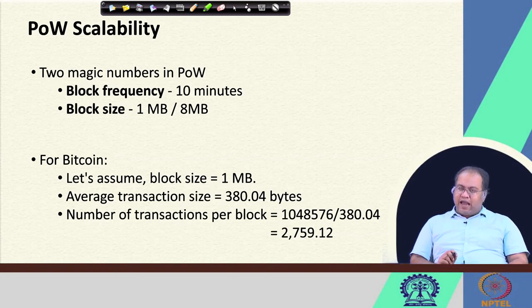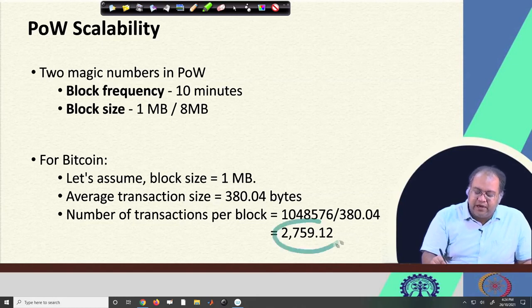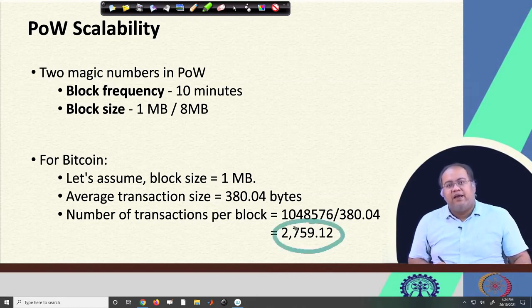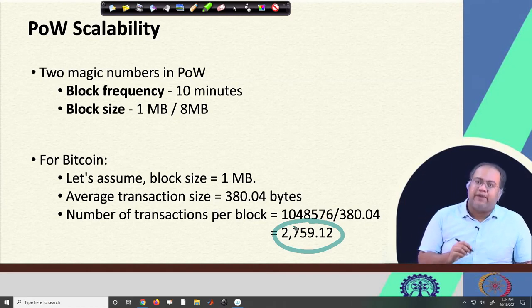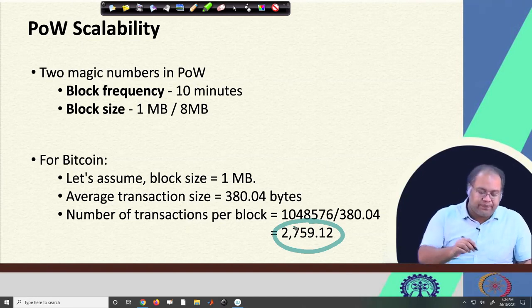So, the average number of transactions per block is approximately 2759.12. So, this is one number that we get which tells me what can be the average number of transactions per block, by assuming the block size to be 1 MB and the average transaction size to be 380.04 byte.